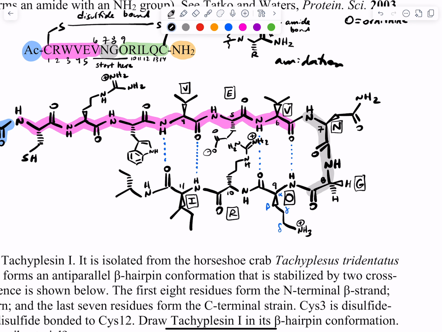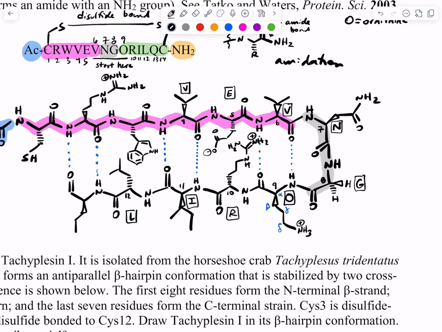Then we'll have a leucine amino acid. That's 12. Oops, looks like I put the H on the wrong side. That's L. Then lastly, Q, which should be a wedge.